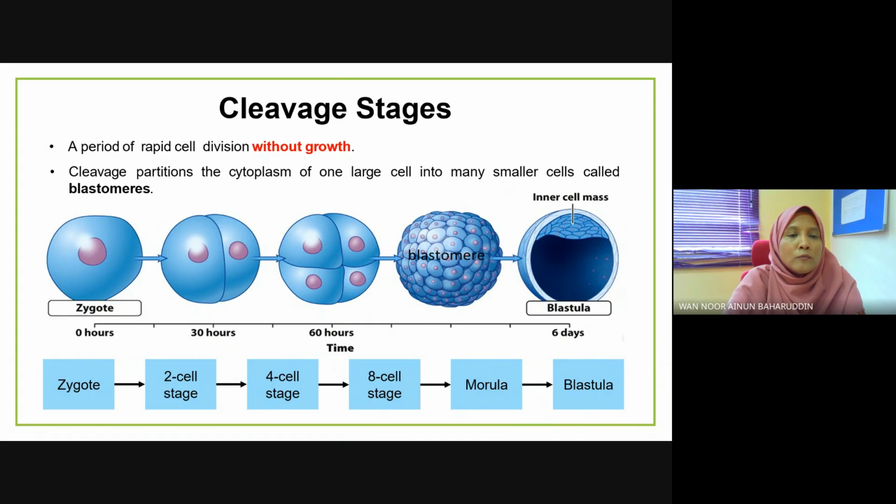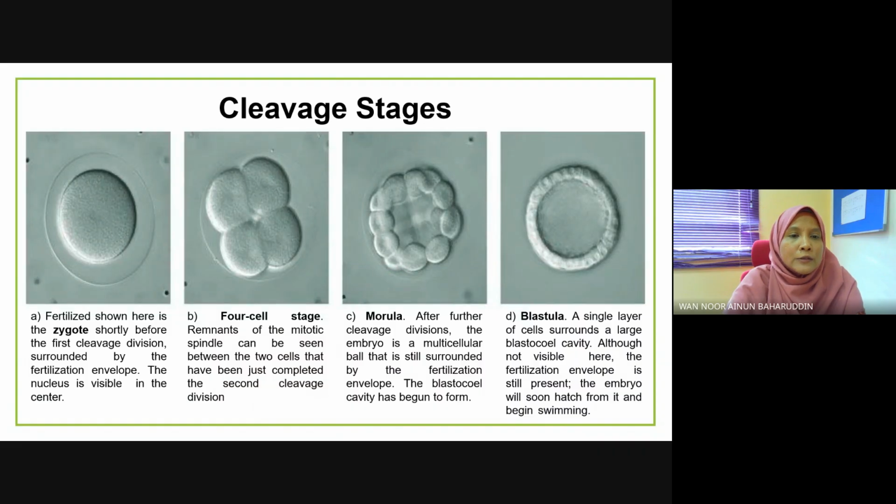The zygote goes from one single cell into the 2-cell stage, the 4-cell stage, the 8-cell stage, and we call it the morula, which then turns into the blastula. The zygote stage lasts only a few hours before the first cleavage division, surrounded by this fertilization envelope.